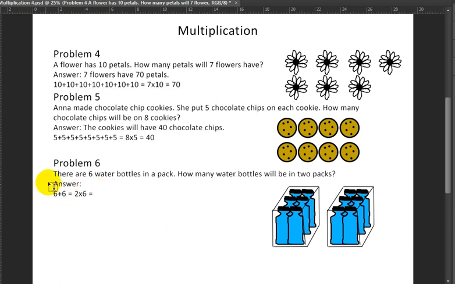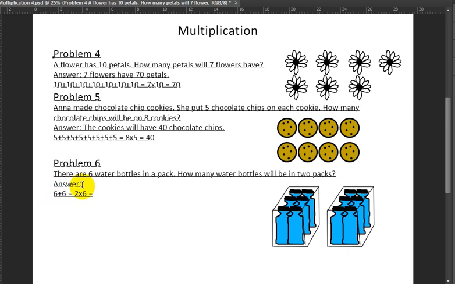I have a multiplication here with 2, and we've said that whenever I multiply a number with 2, I need to find that number's double. So 6 plus 6 in this case. 6 plus 6 is 12. So my answer should be that 2 packs will have 12 water bottles.